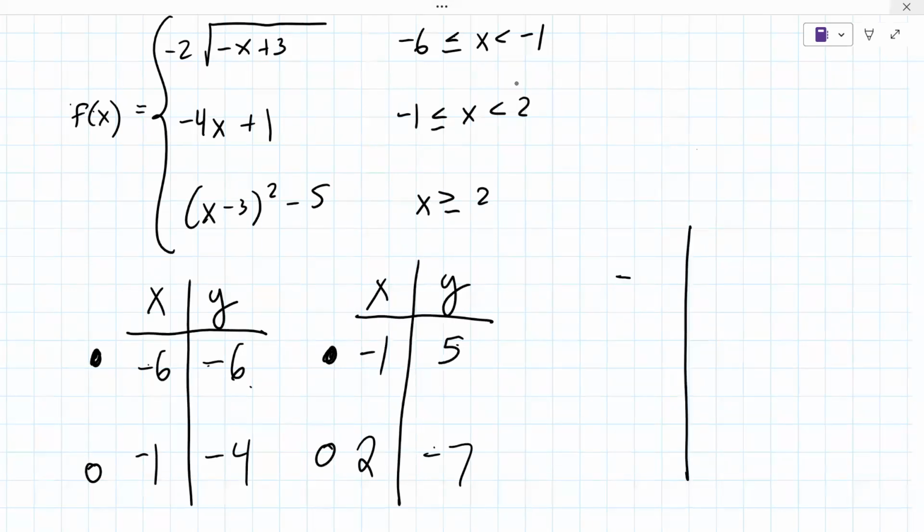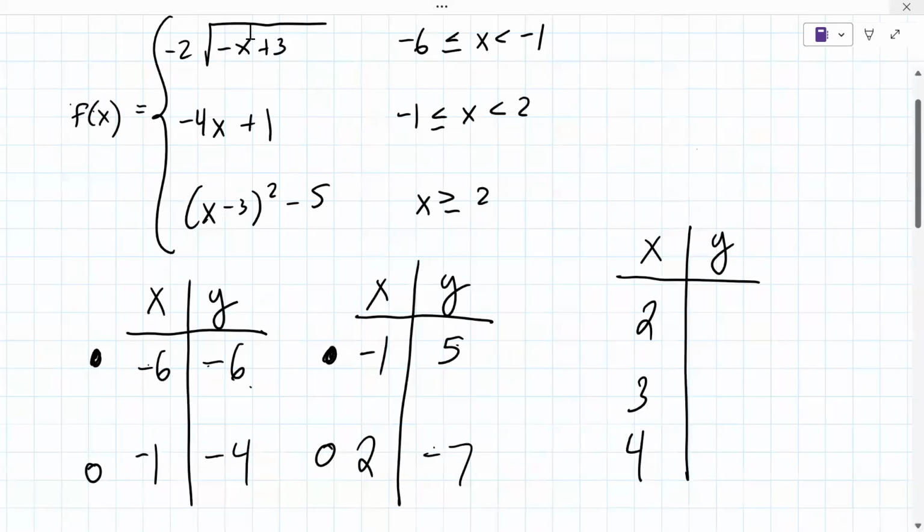All right. For the last one, I need you to put 2, 3, and 4 into the last piece, please.